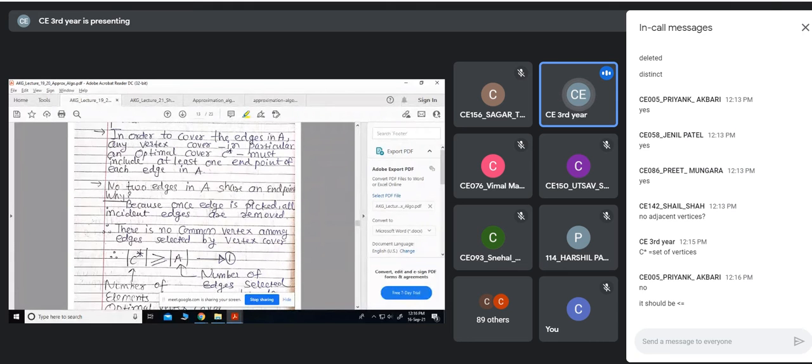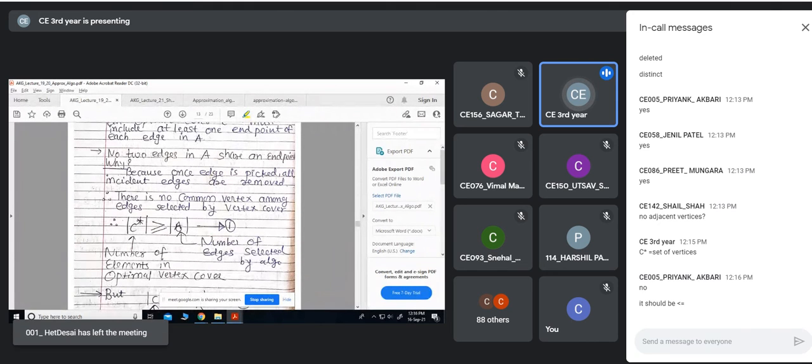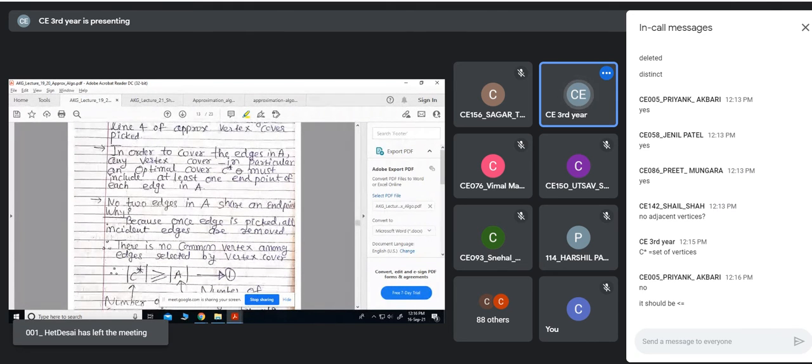No two edges in A share any endpoint, and C star also must include at least one endpoint of every edge. Let's say C star is a set of vertices, say 1, 2, 5.